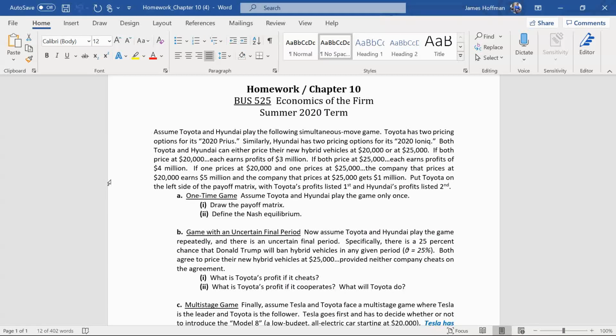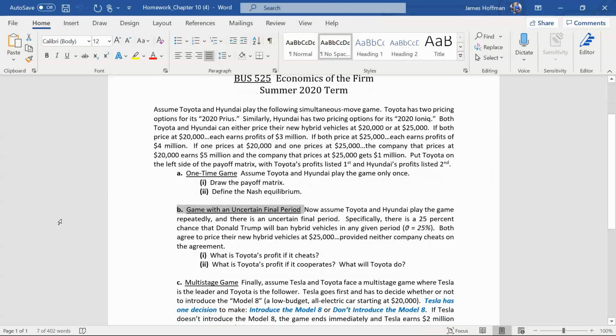So make sure, for part B, you understand the theta scenario.